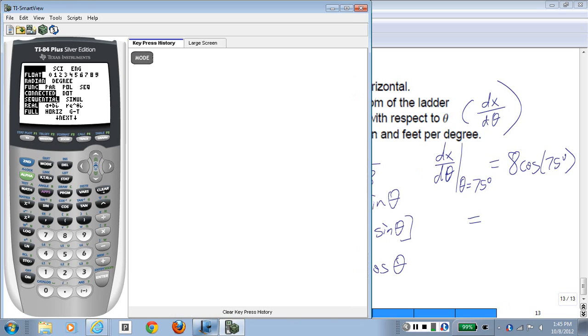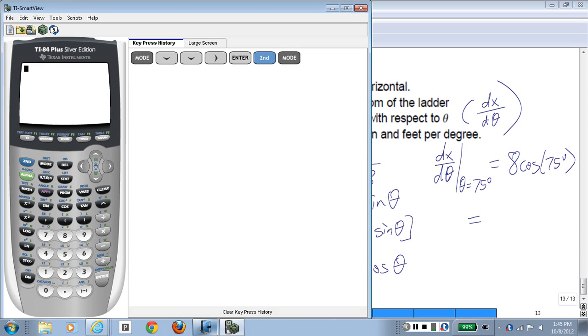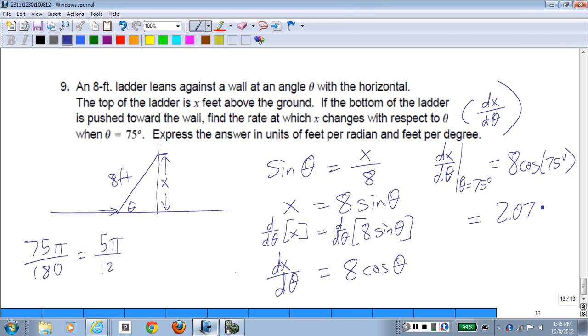Mode, degrees, second, quit. 8 cosine 75, enter. So 2.071, 2.071 feet per radian.